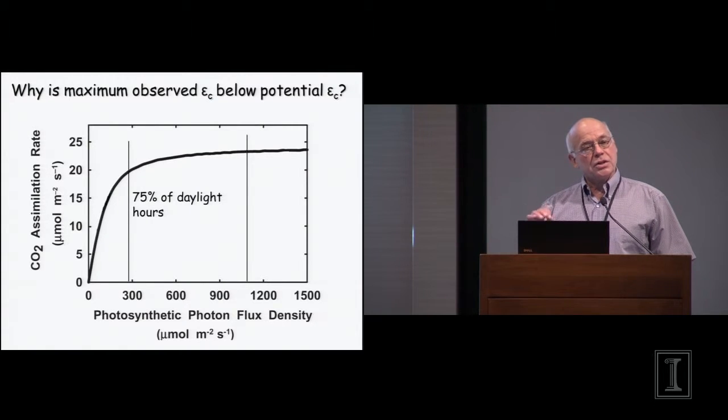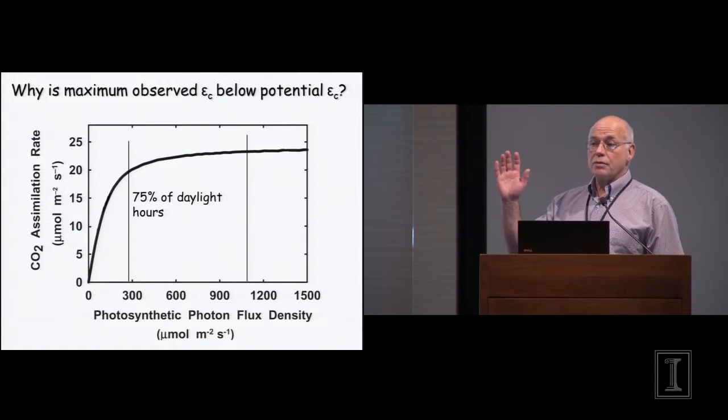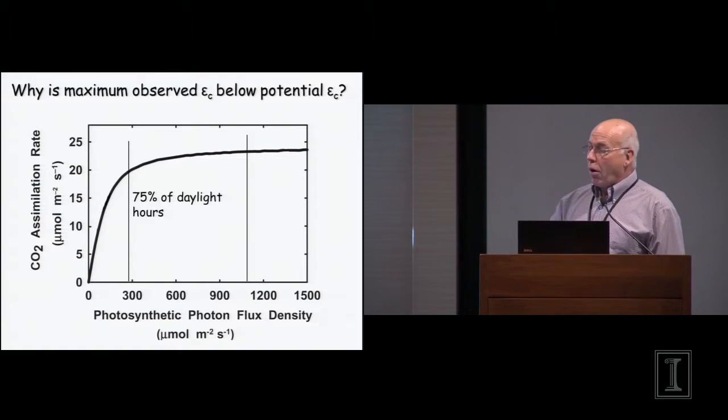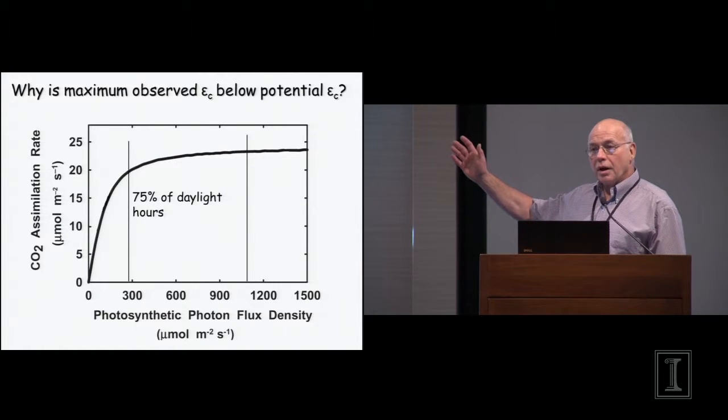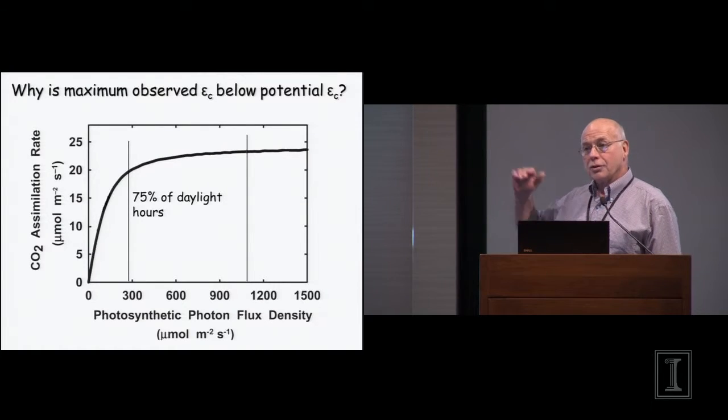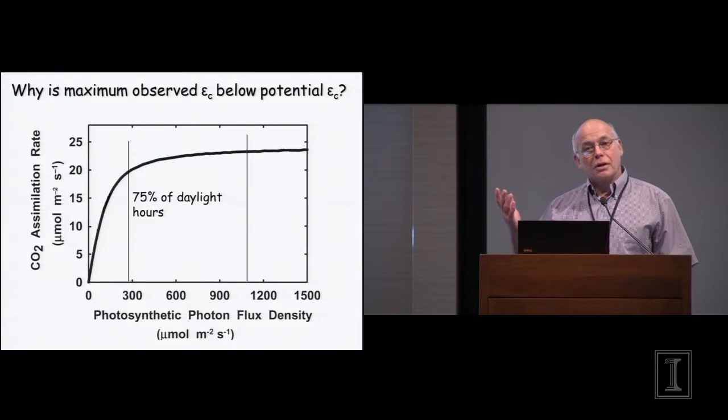So if you look at a soybean canopy, or even a maize canopy, during midday, most of the leaves at the top of that canopy are way over saturation, 5 times over saturation. They're intercepting light, taking in more light, but not increasing photosynthesis. And this is unavoidably an inefficiency.